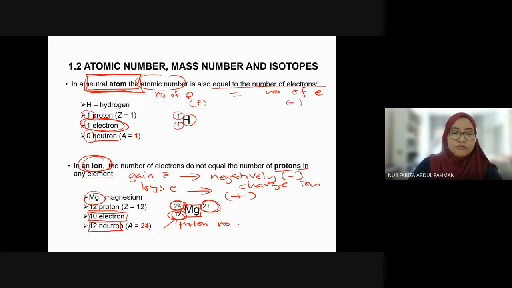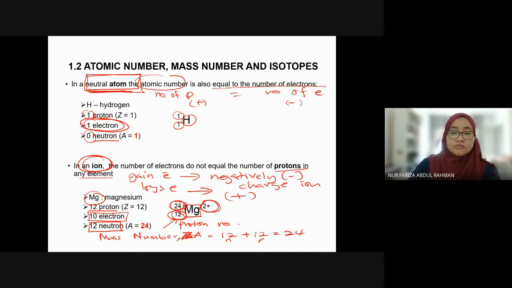To find out the mass number, we can simply total up the neutron and proton, which in this case is A, sorry. So 12 plus 12 is equal to 24. This is neutron, this is proton.